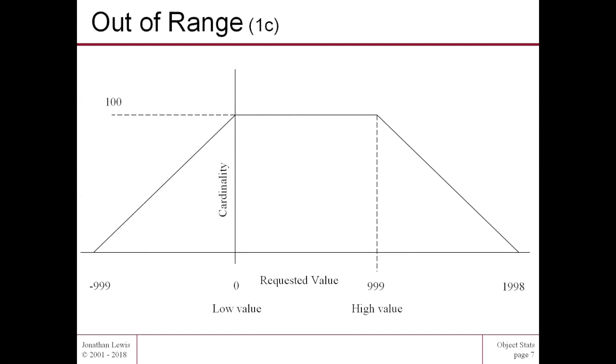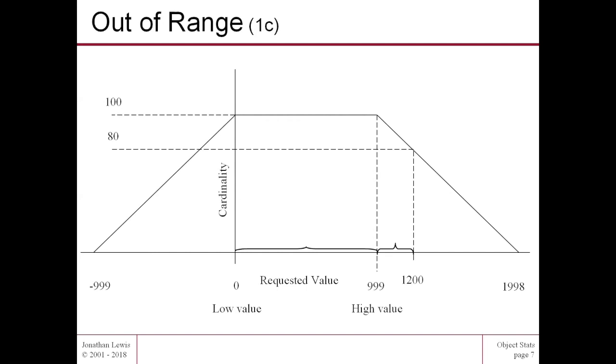So when we asked for value equals 499, Oracle's quite happy to say, yes, it's 100. When we go for, what was it, 1200, that's the picture that Oracle produces. It goes on this graph over to 1200, up to the slope, hits the slope, comes across and says, oh yes, that's 80.